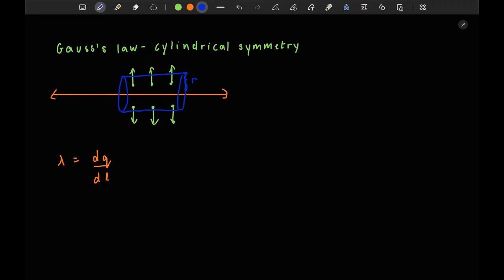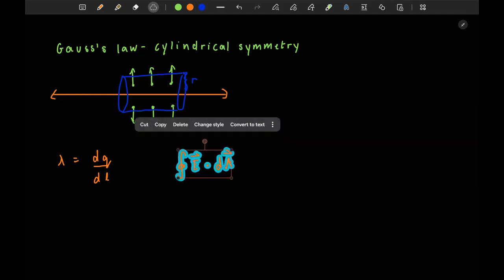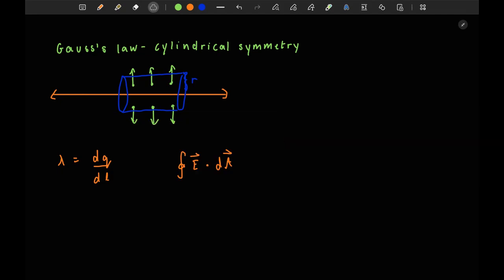So let's think about how we would evaluate integral E dot dA in this case. To begin with, there are three components of this surface. There are the two faces and the curved side. And remember, we need a closed surface for our evaluation of Gauss's law, so that's important. I'll begin by drawing the normal vectors to each of those three components. For the curved section, our normal vector dA also points radially outward.